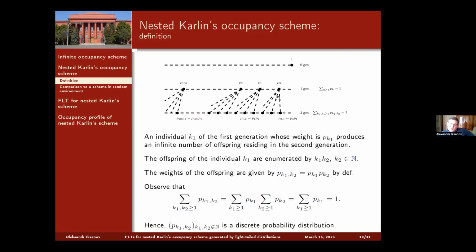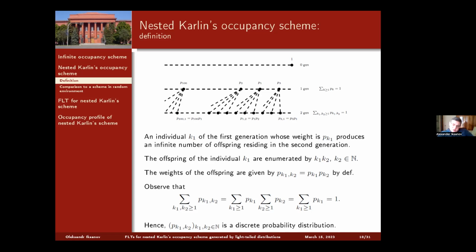And the most important thing is that the actions are independent. And it follows from this calculation that the weights of the second generation individuals sum up to 1, and as such can be interpreted as probabilities. So the weights of the second generation individuals form the following discrete probability distribution.